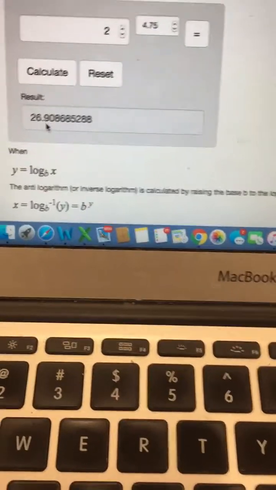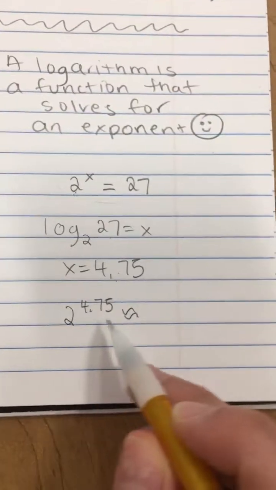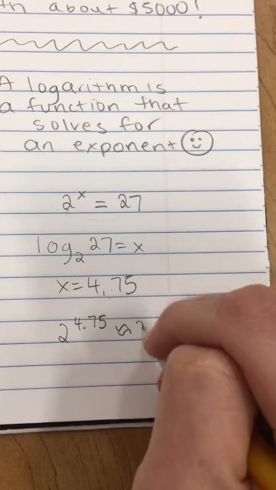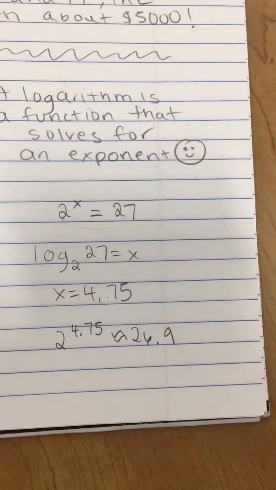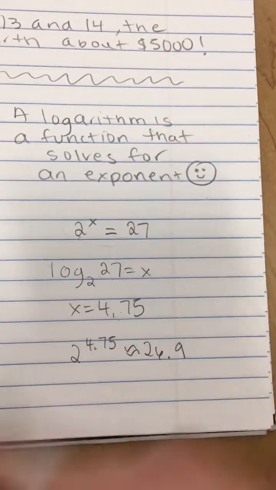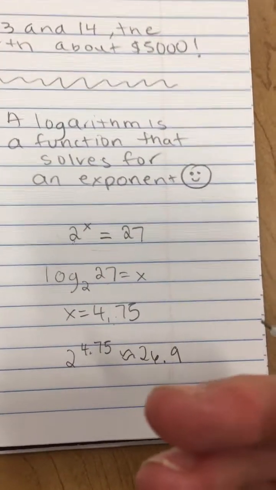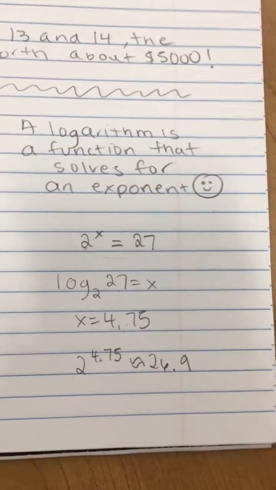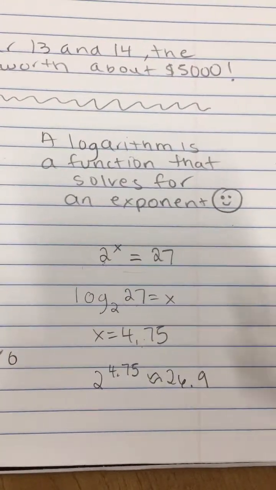Now the deal is, if there's not an exact value to a logarithm, so if you're getting out an approximation, just like a square root, there's no exact value unless it's a perfect square. It's identical to that concept. Like, the square root of 7 is not a perfect square, so we're not going to get out an exact value. We have to approximate it.